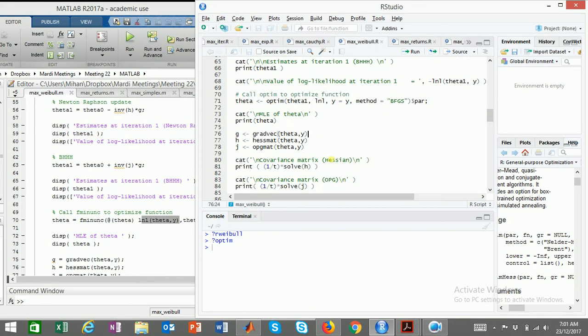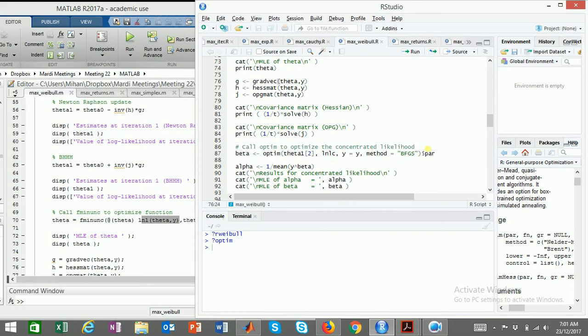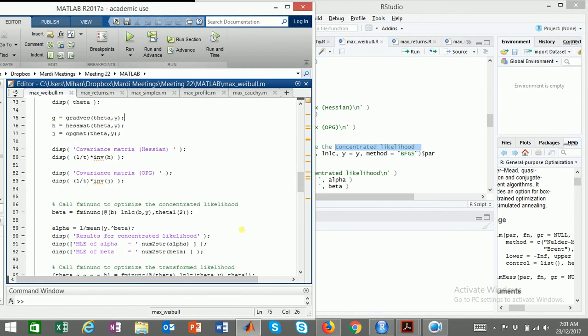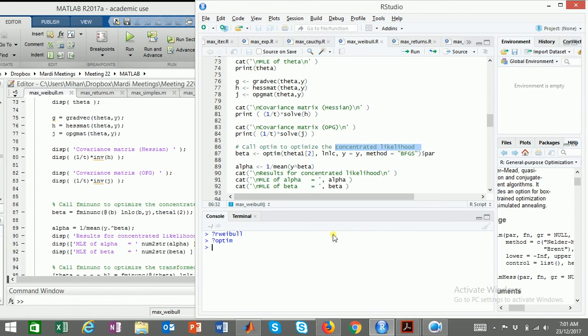G is the gradient vector, as we know. Call optimization for the concentrated likelihood with theta 1, the second element, log LC, y equals y, method BHHH, at par.